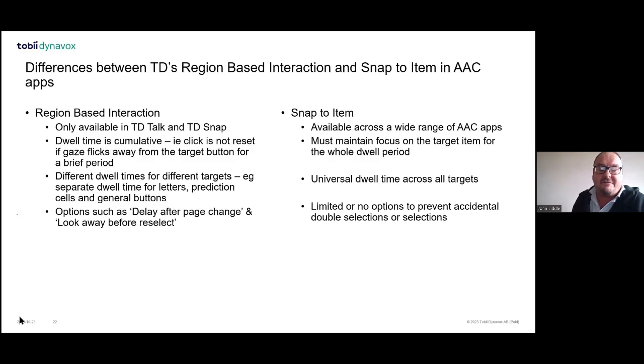Yeah, so delay after page change is a function that allows you to not immediately select a button after you make a page change, and look away before reselect means that if you keep your eyes focused on the same button, it won't automatically keep doing double hits. There are no such options as yet in Snap to Item on third-party AAC tools.